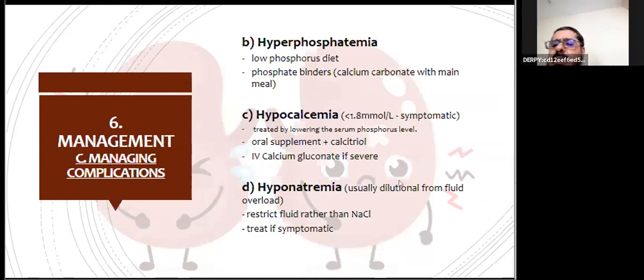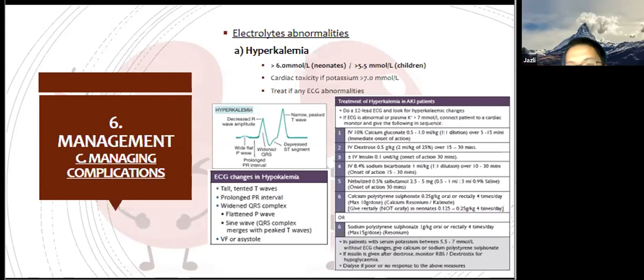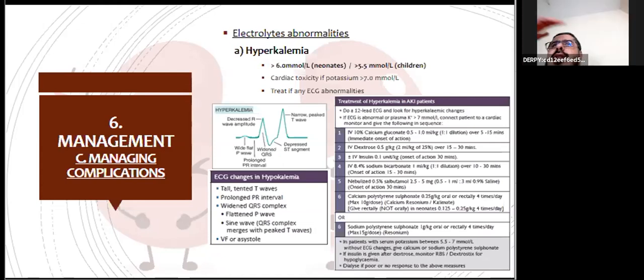Hyperkalemia is very important. When you see a patient with hyperkalemia, what is the first medication you will choose? Calcium gluconate, Prof, for cardioprotection. Very good. Calcium gluconate for cardiac protection.